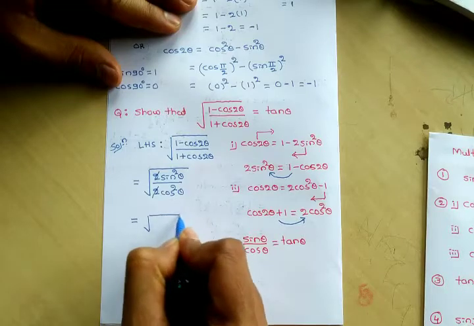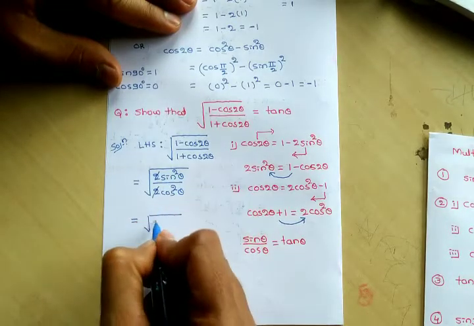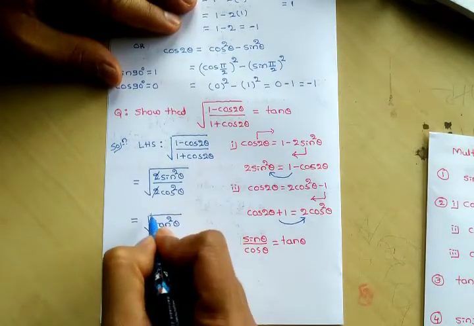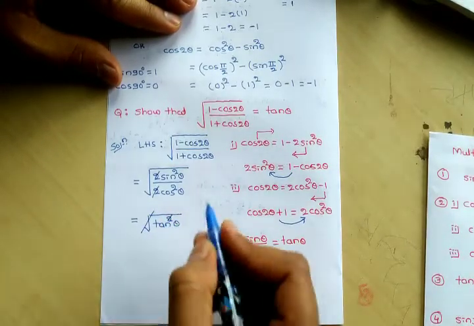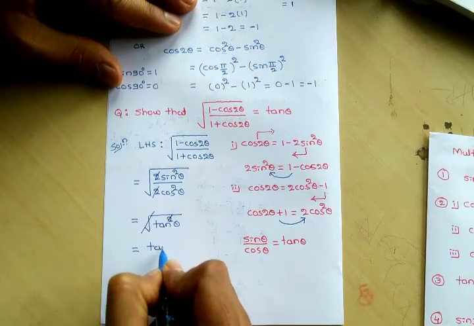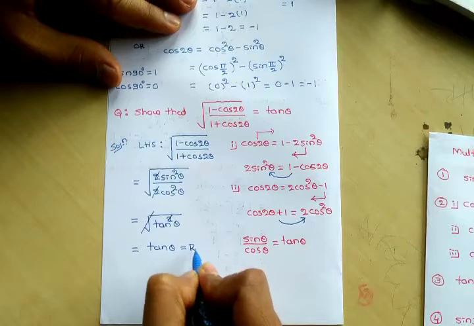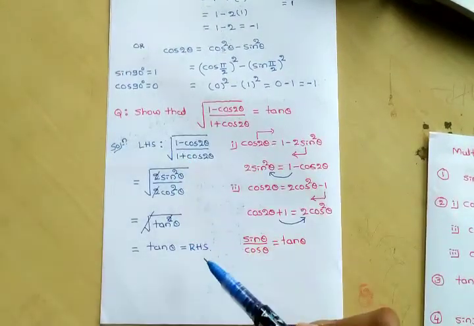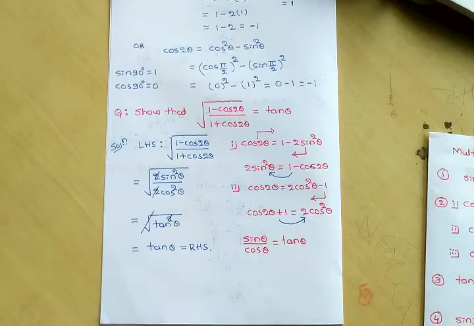Therefore, you can write sine square by cos square is nothing but what here? Tan square theta. So that time square root and power, both values get cancelled. So what is the remaining value? Tan theta. So which is equal to what here? Right hand side. Therefore, left hand side is equal to what here? Right hand side.